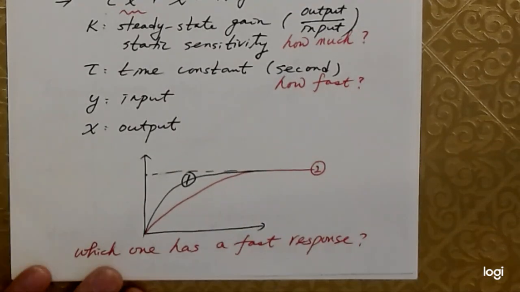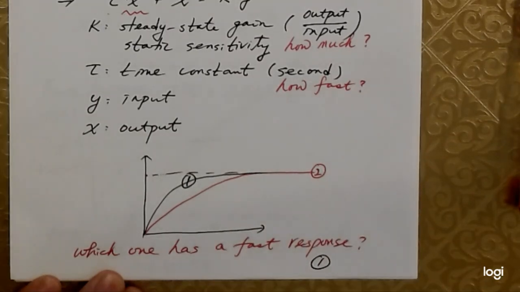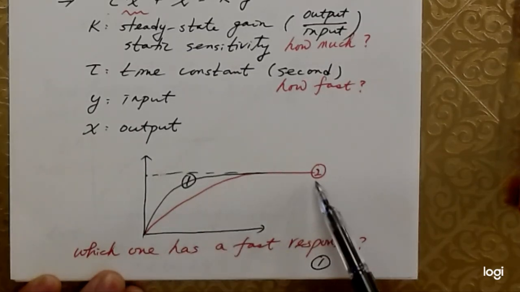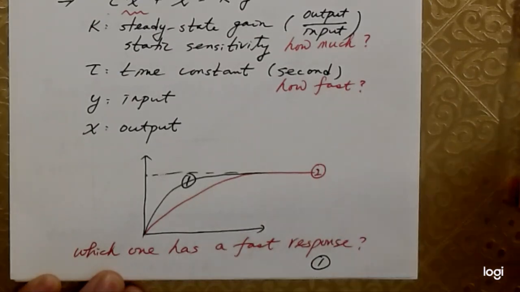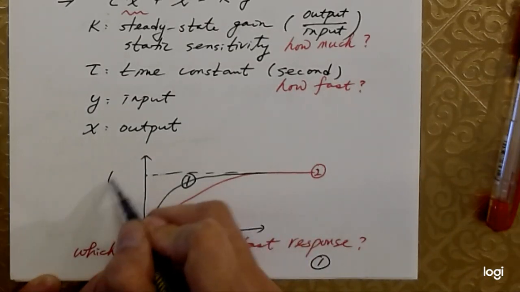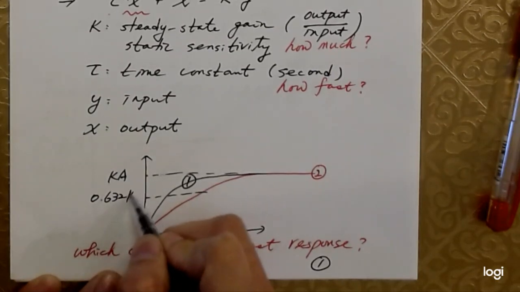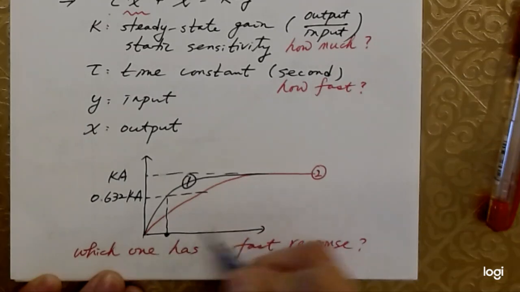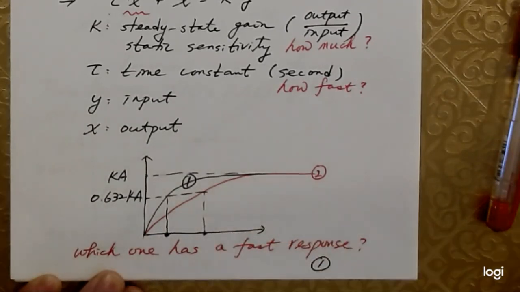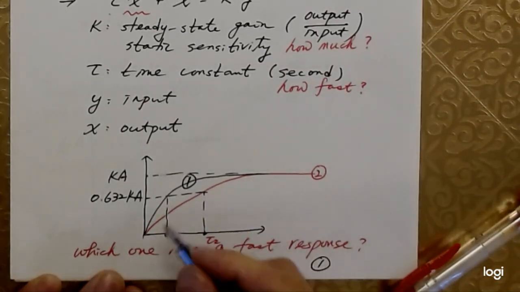Of course, you would say the answer is system 1. How do we justify this? You can see it takes longer for system 2 to reach steady state, but a lot of the time we actually use the time constant, the 63% point. This is tau 2, and this is tau 1.